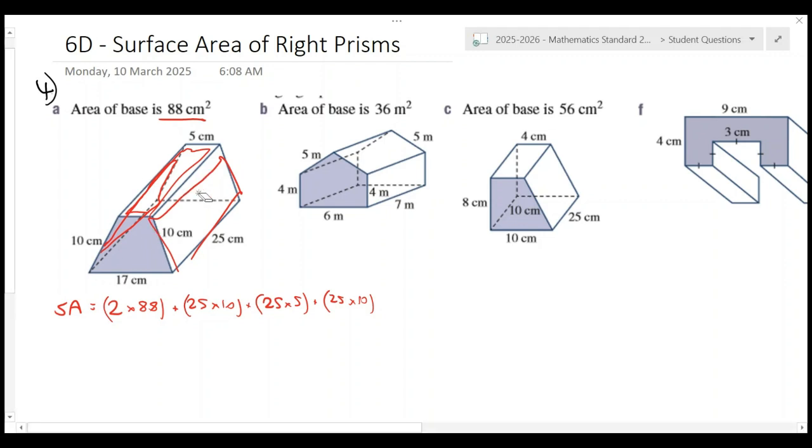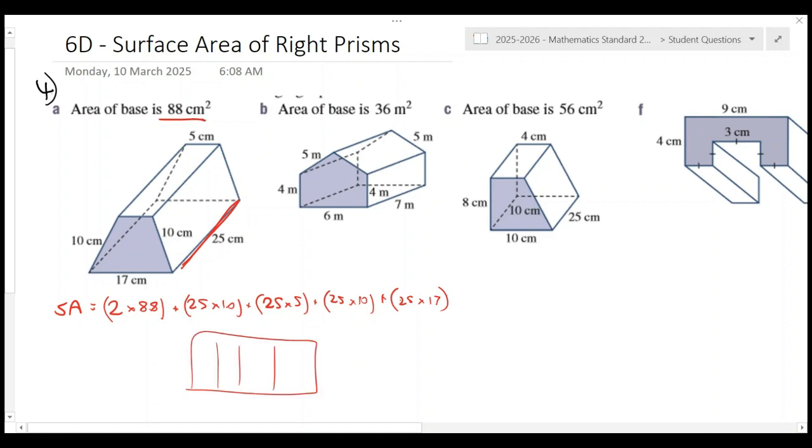And then the last one I'm going to do is the bottom, which is 25 by 17. So as we talked about in class, the 25 is common to all of them because if you cut that and opened it out, you'd end up with all 4 of those sides having the 25 on them. So if I have a look, 1, 2, 3, 4, that's the rectangles.